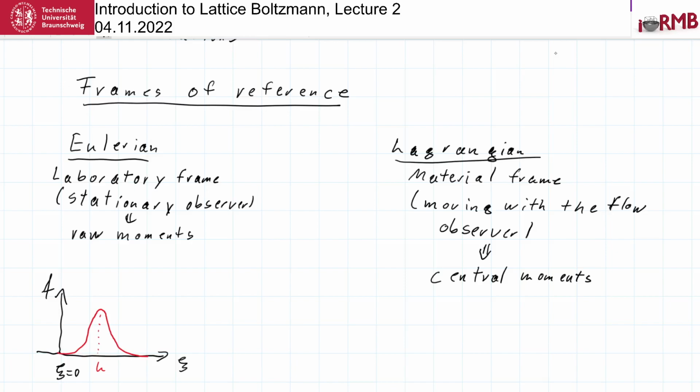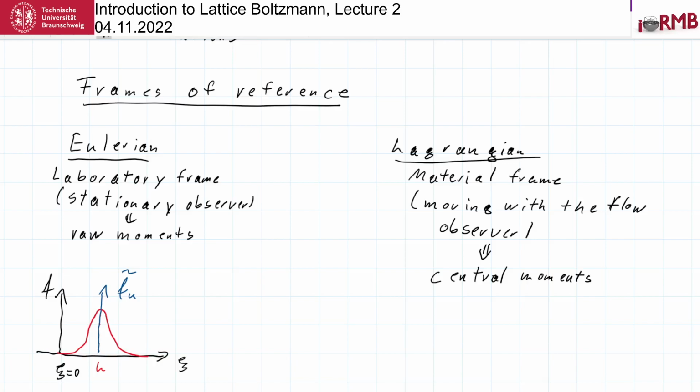So the distribution is not centered at xc, but I can define a new distribution, let's call it f with a snake, and this is related to the velocity u.